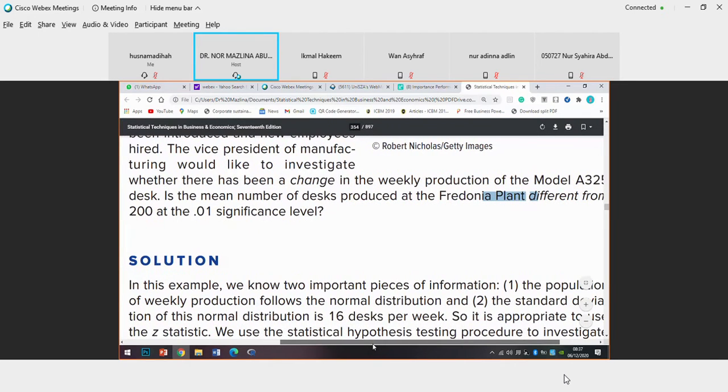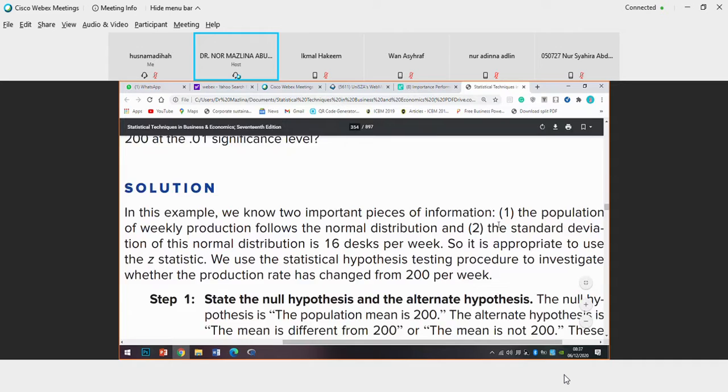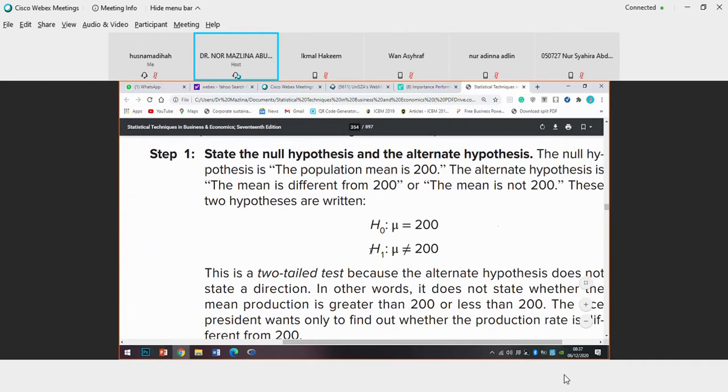So H1: the mean is different from 200. Bear that in mind. And H0 is mu is 200, mu is still 200, and H1 is mu is different from 200.